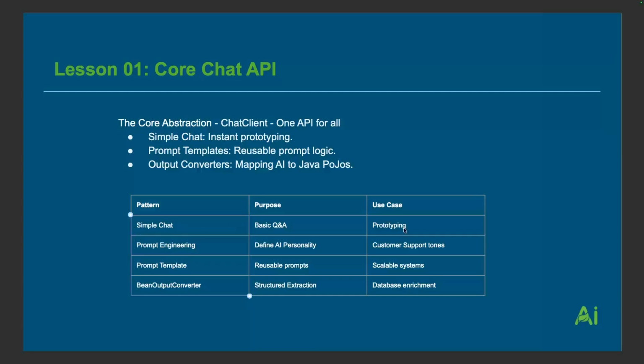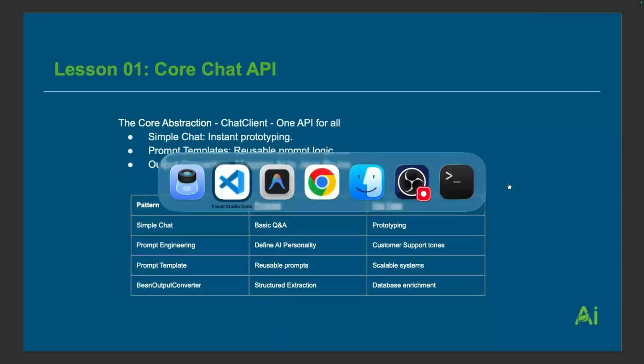Simple chat for quick prototyping, prompt engineering to add personality like customer support tones, prompt template for reusable prompts, and structured output so your AI returns Java objects instead of lengthy, messy string output. So let's get started with coding.